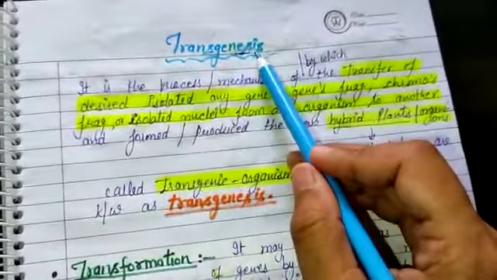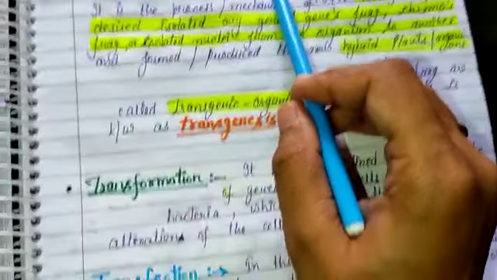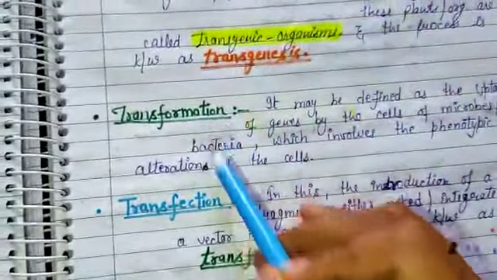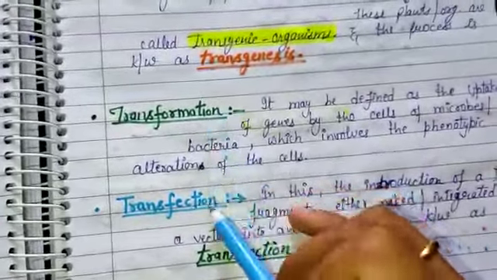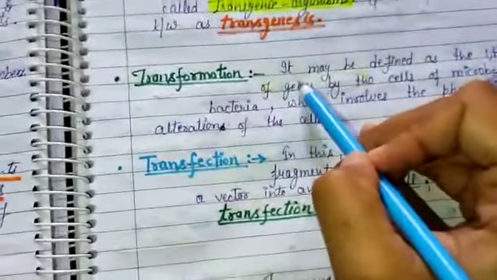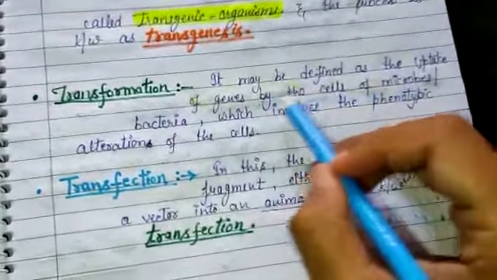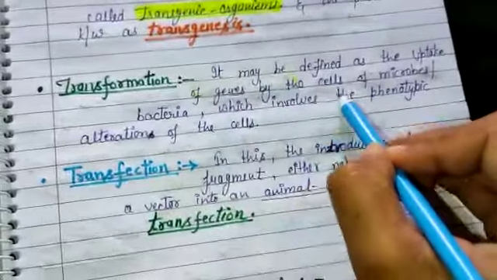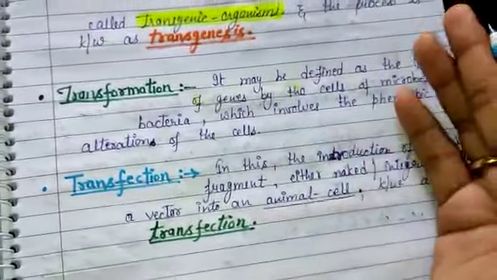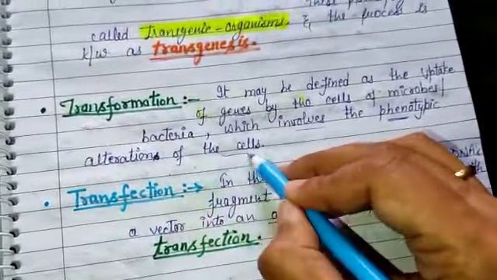In the process of transgenesis, two other processes are involved, transformation and transfection. Both depend on the mode of transmission. Transformation is used in case of plants and transfection in case of animals. Transformation may be defined as the uptake of genes by the cells of bacteria or other microbes, which involves the phenotypic alteration of the cell.